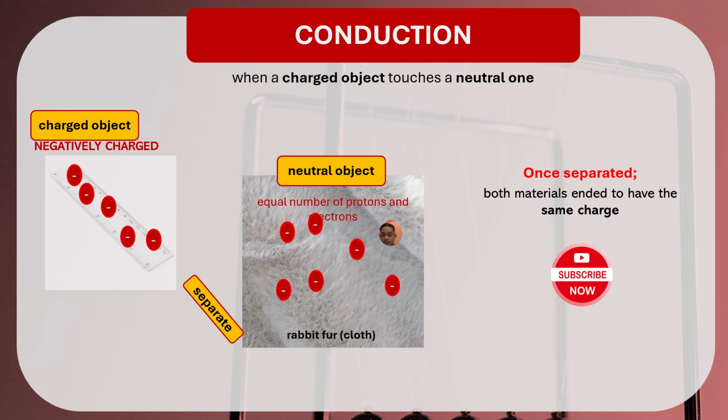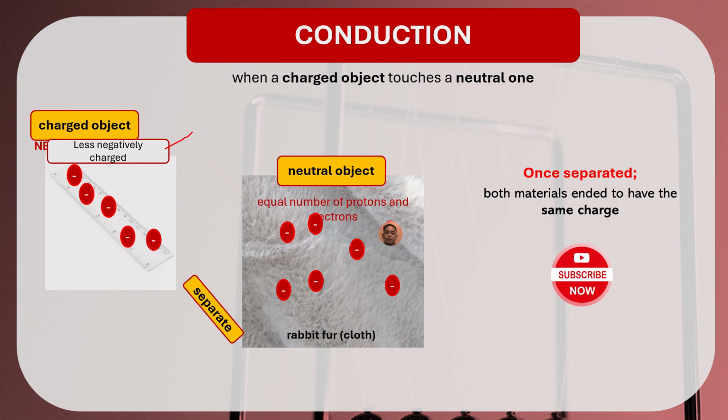Once they are separated, look at the previous charge of our charged object. It's negatively charged, full of electrons. But some of the electrons transferred to the neutral object. So what is going to happen? It becomes less negatively charged, but still negatively charged. It's just that some of its electrons transferred to the neutral rabbit fur.